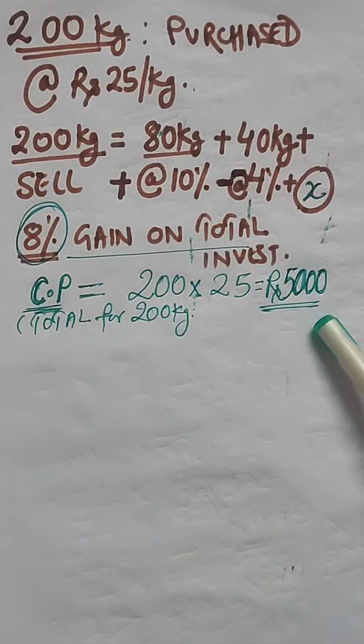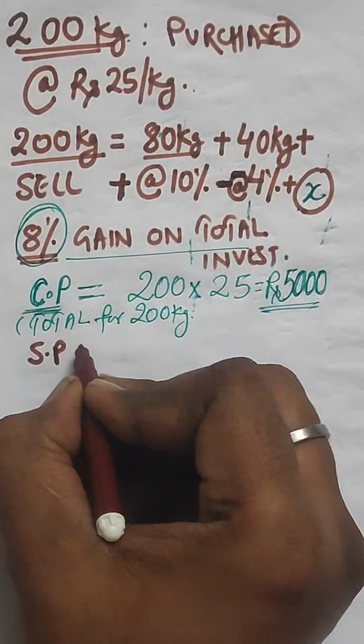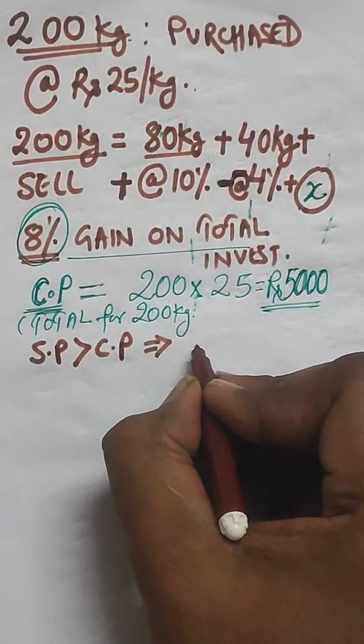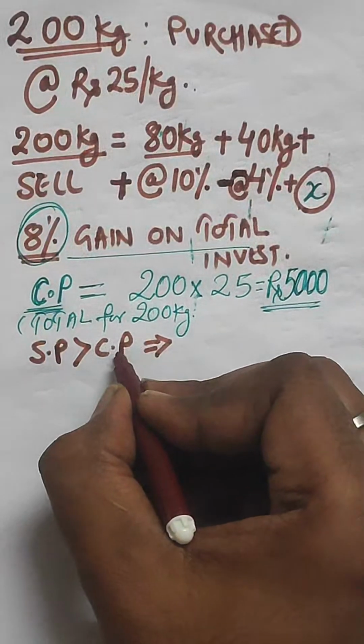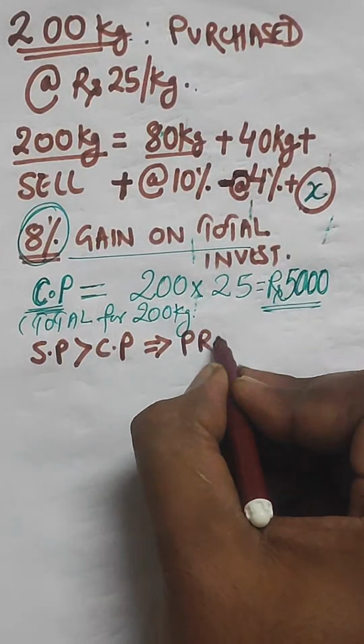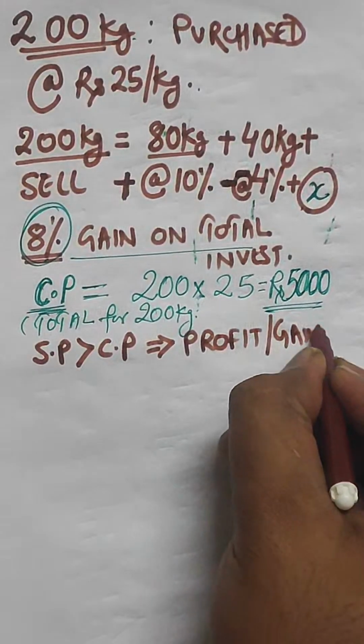Before moving forward, I quickly want to recap the formulas over here. When sale price is greater than cost price, you are purchasing at a lower cost and selling at a higher cost, then you are making a profit, which is also called gain.